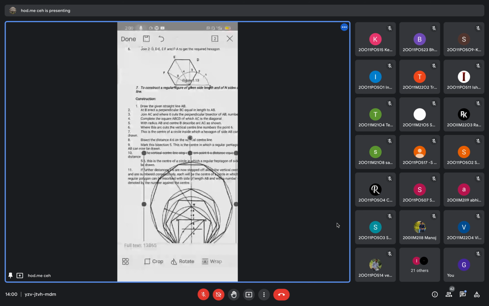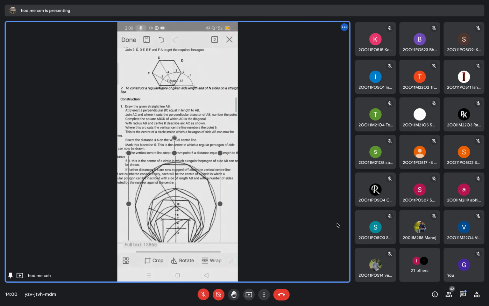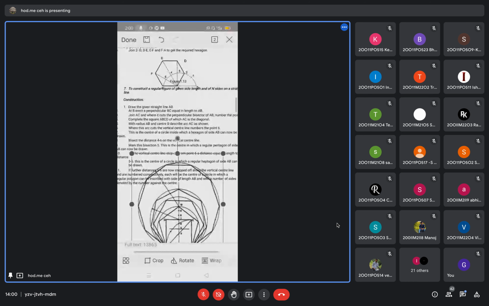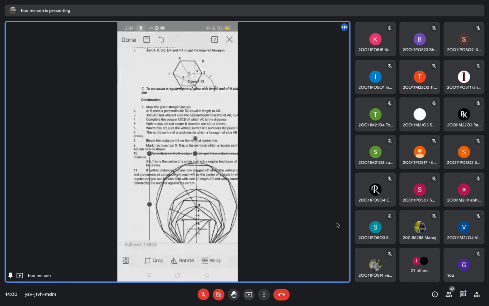This is the center of the circle inside which a hexagon on the side AB can be drawn. The hexagon can be shown drawn.